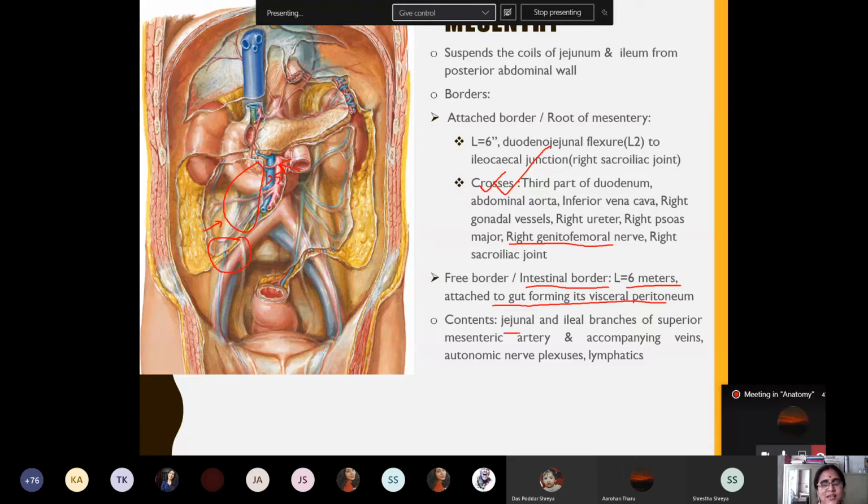My dear students, is it clear? Mesentery? Root of the mesentery? Only one student said yes. That means all the remaining, do I need to explain again? Please answer. Give me some Bournvita and Boost by answering the question.